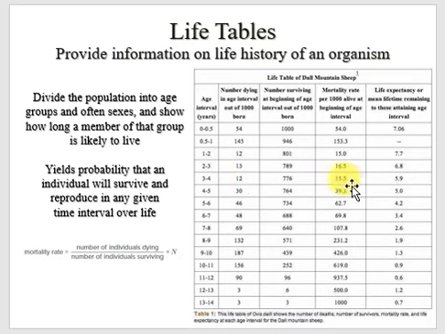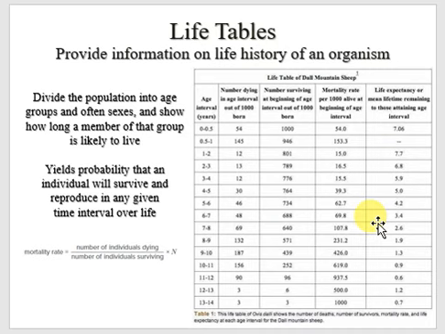So in this case, 12 divided by 776 times 1,000 is 15.5. So that's how these tables are generated.